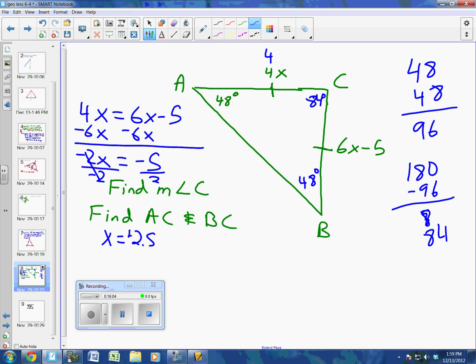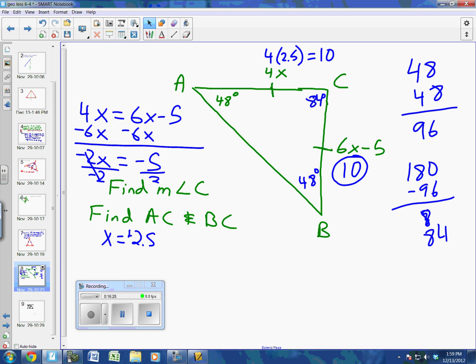Yep. 4 times 2.5 is what? About 10. Think of a quarter. 2.5 is a quarter of 10, right? And so this one's also 10 because they're equal, right? But we could check. 6 times 2.5 minus 5 would give us the answer. 6 times 2.5 would be 15. 15 minus 5 is 10. Okay. That's how you would do those.